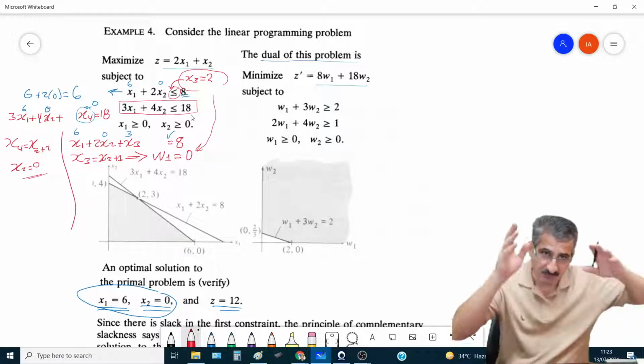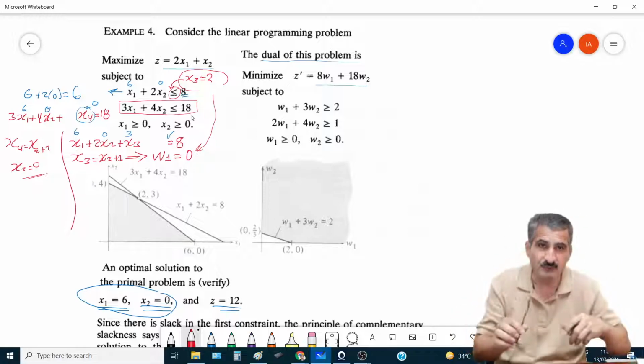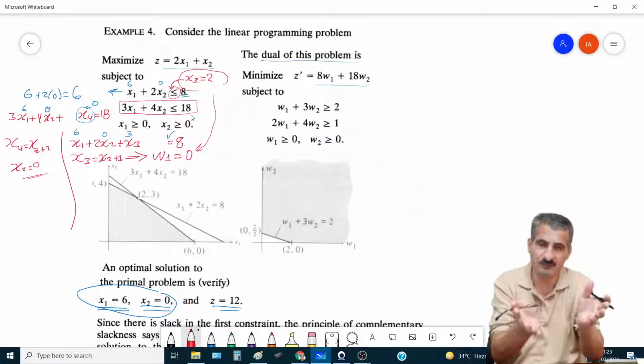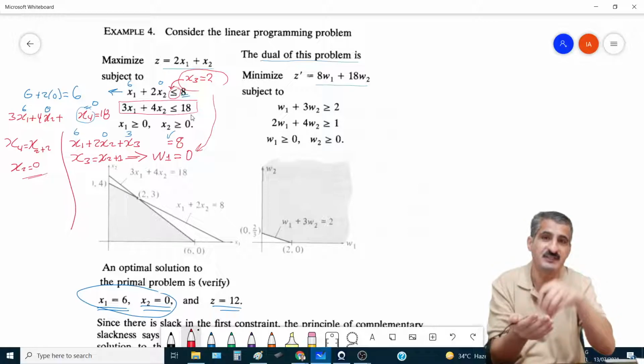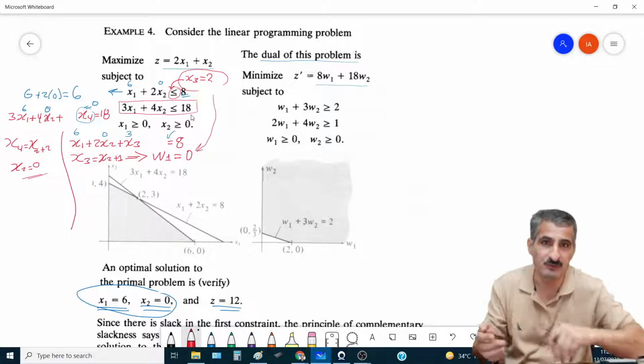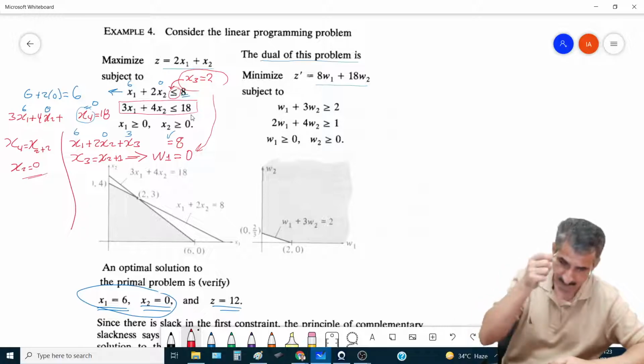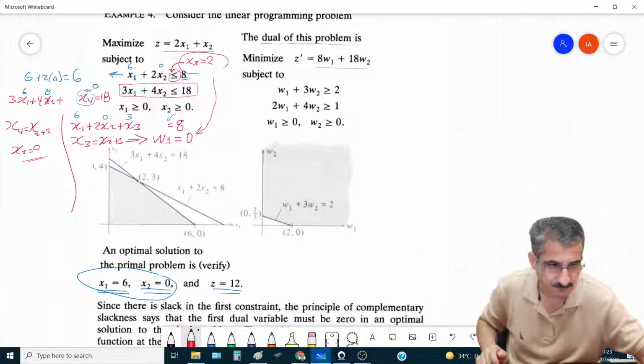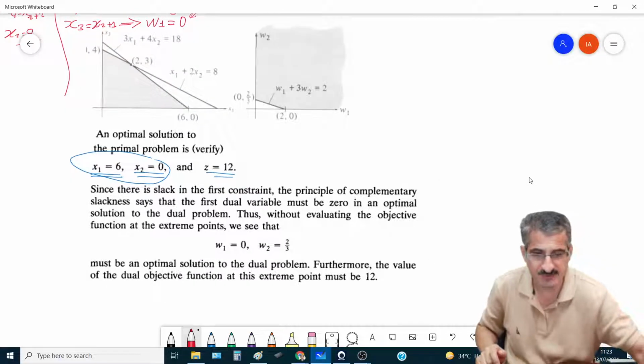So in the optimal solution of the dual problem, which is w1, w2, we are confident that the value of w1 must be 0. w2 may be 0, maybe not. So this is what we are saying.